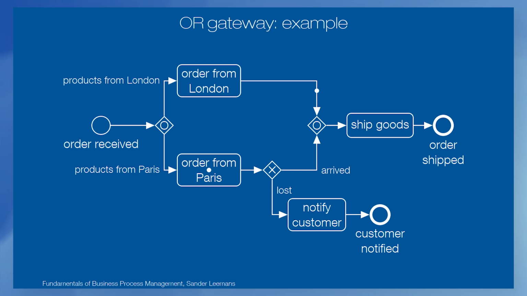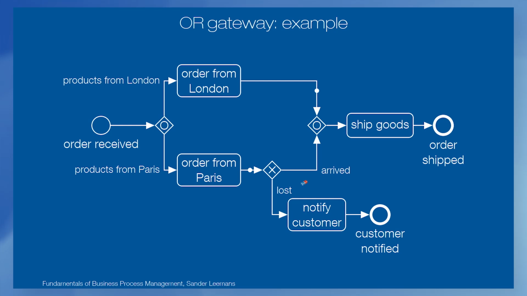Then we execute order from Paris, and when that's done, all this time, every smallest time you can imagine, the OR join checks by walking back, can another token still come? And the answer stays yes, because up until this point, another token can still come.